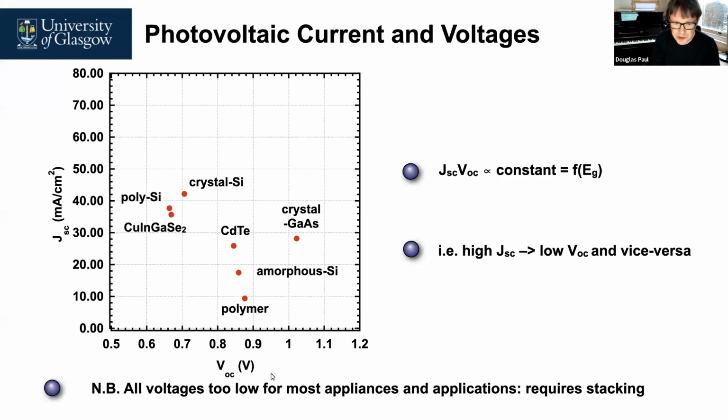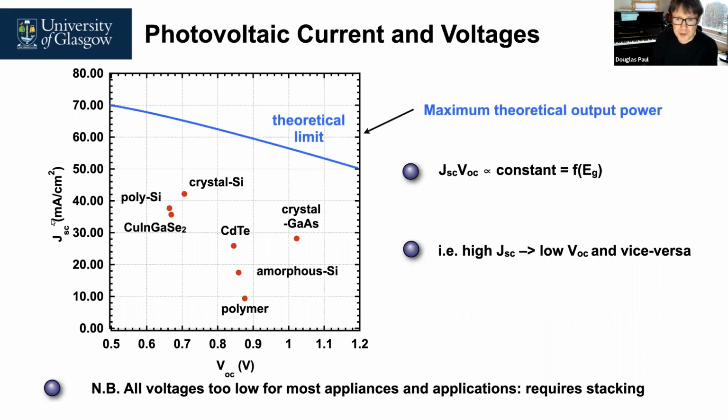So the open circuit voltage is dependent on the band gap of the materials, and that's why these things change. The short circuit current density is a little bit more in the design of the solar cell as well. But the theoretical maximum output power for any material is given by this curve here, and it's a function of the band gap of available materials.